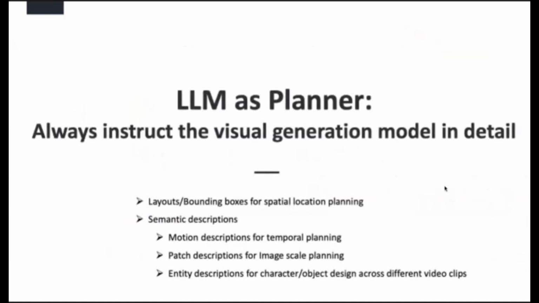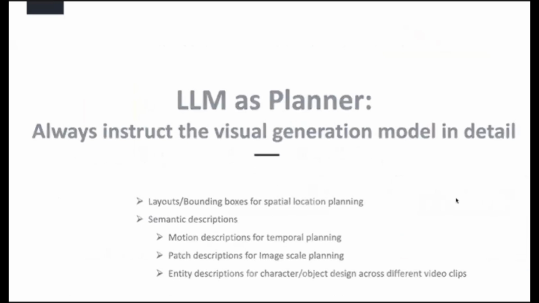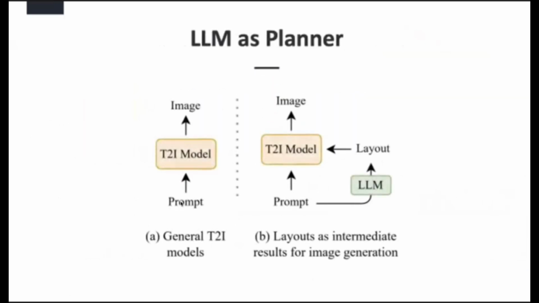And the second aspect is utilizing large language models as planner. So the basic idea behind this is we can always instruct the visual generation model in detail. For example, a common process for generating an image is to input a prompt, and we have one model which conditions on the text embedding, and we can output the image.